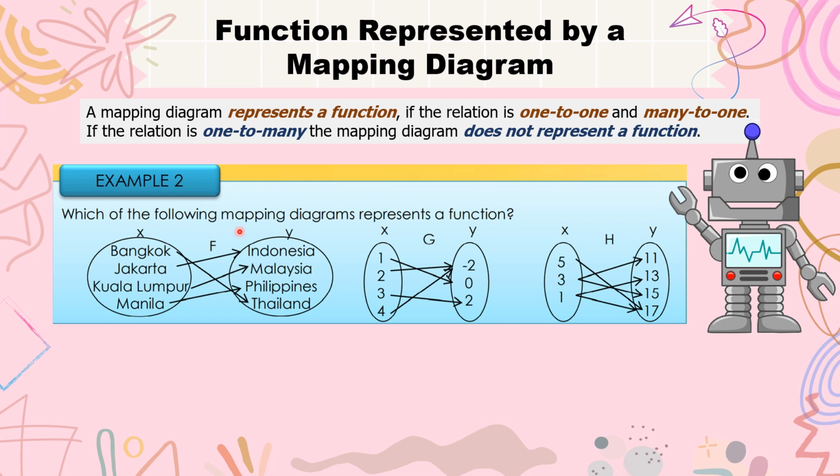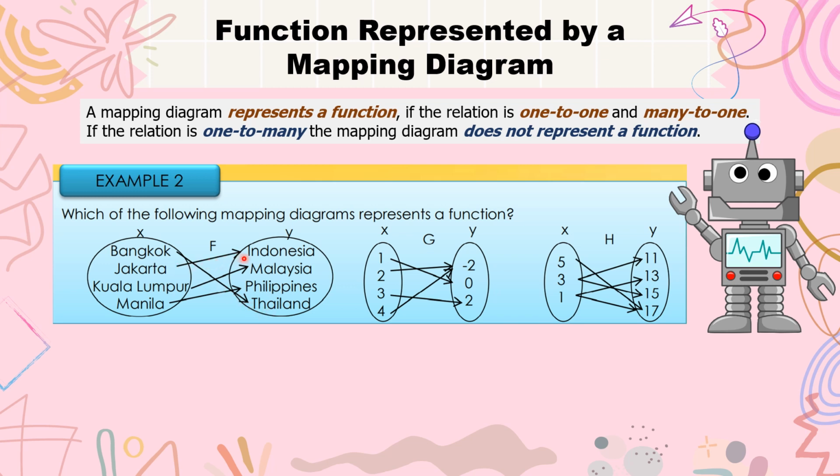So let's have example number 2. Which of the following mapping diagrams represents a function? So let's have relation F, the diagram F. Our x values are Bangkok, Jakarta, Kuala Lumpur, Manila. And let's see the pairing of these x values sa ating y values. So yung Bangkok ay na-pair siya sa Thailand.